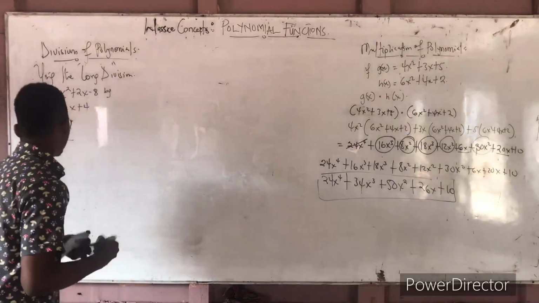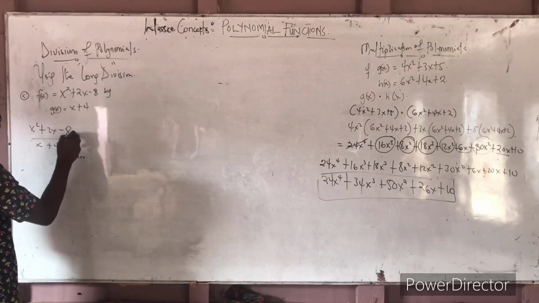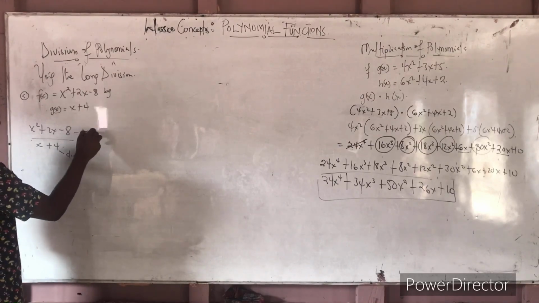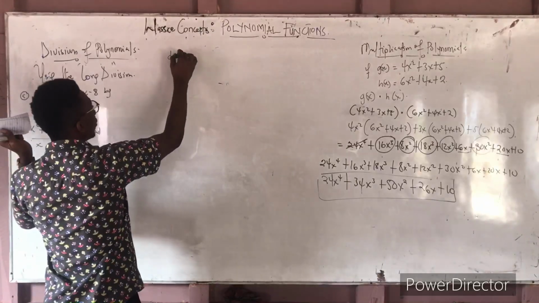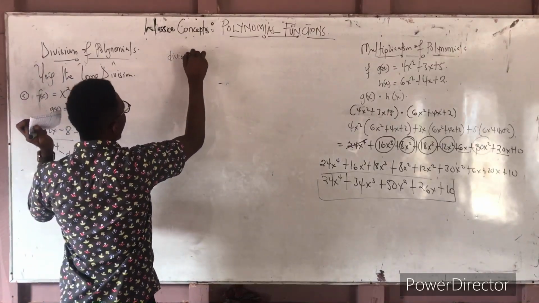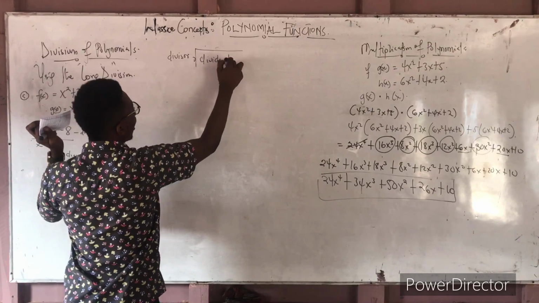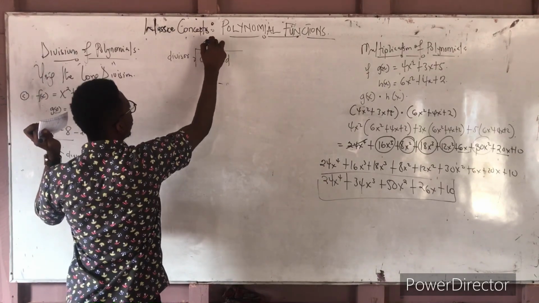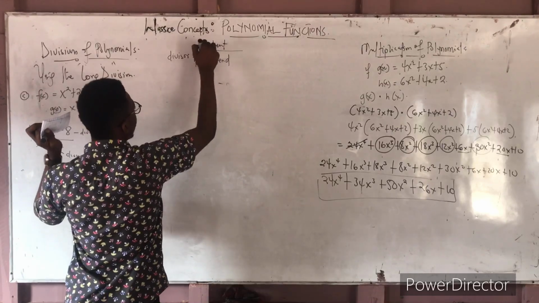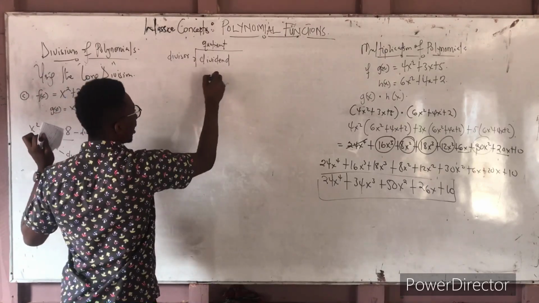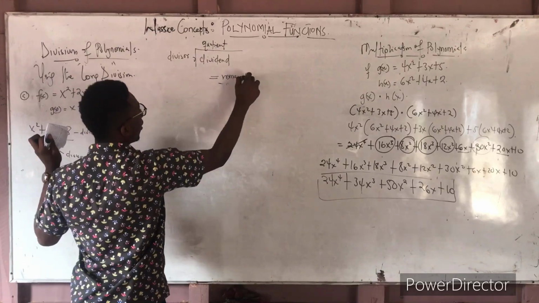Okay. So now using the long division method, this is our divisor and this is our dividend. And the long division method says that the divisor is always outside and the dividend will always be under the root. And what you get is your quotient. And when you are done simplifying it, you can get your remainder.